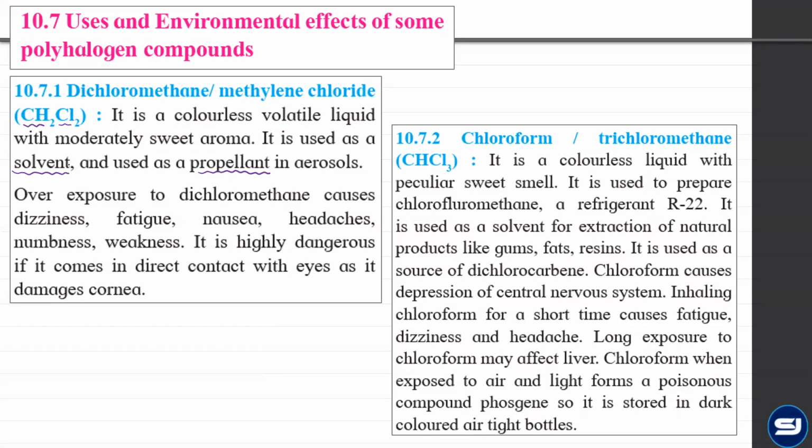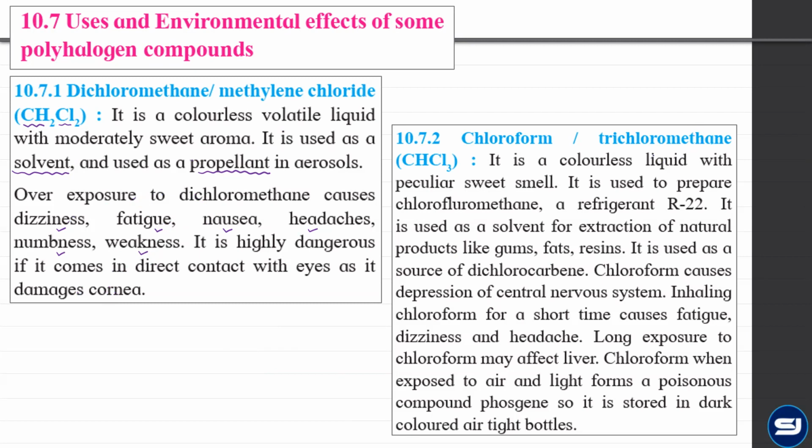The main part used as a solvent and a propellant. Overexposure to dichloromethane causes dizziness, fatigue, nausea, headaches, numbness, weakness. It is highly dangerous if it comes in direct contact with eyes as it can damage cornea. So this is something which you can remember.